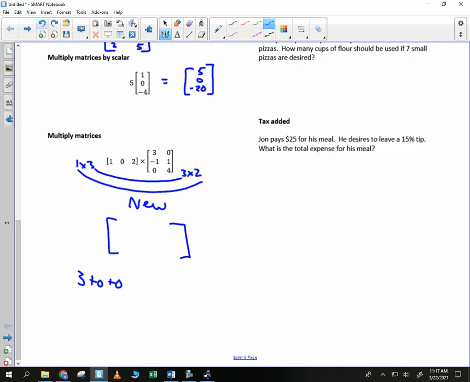So therefore, that first entry will simply be 3. The second entry, I take the row times the column. 1 times 0 is 0. 0 times 1 is 0. 2 times 4 is 8. So we get 3, 8.